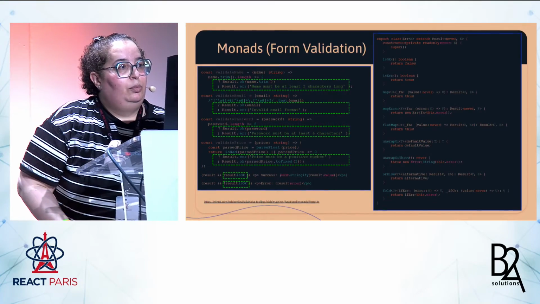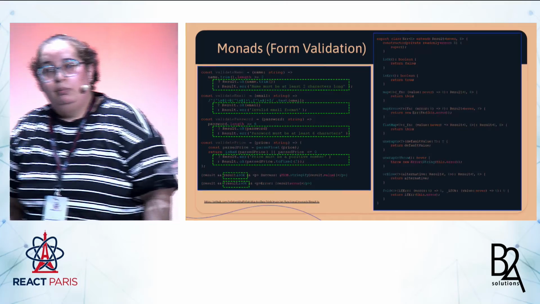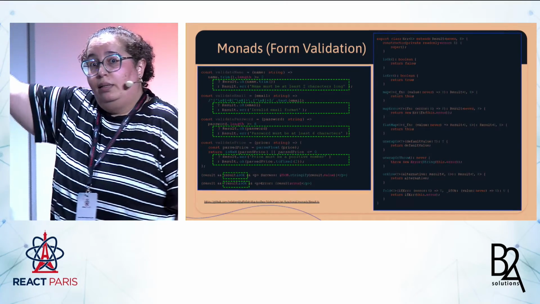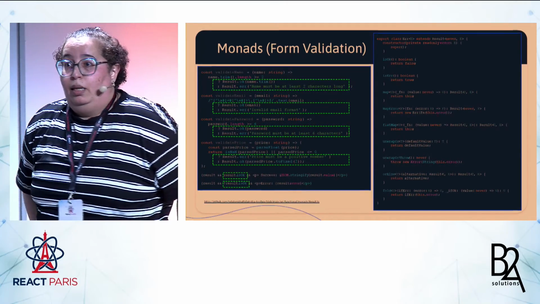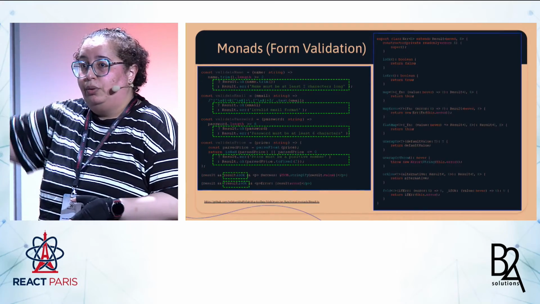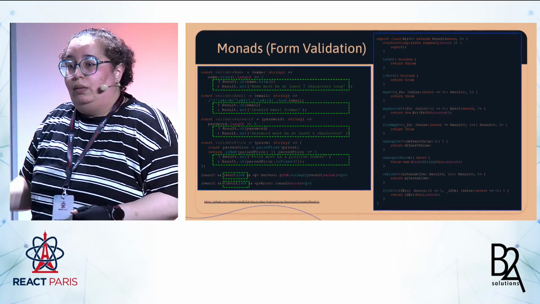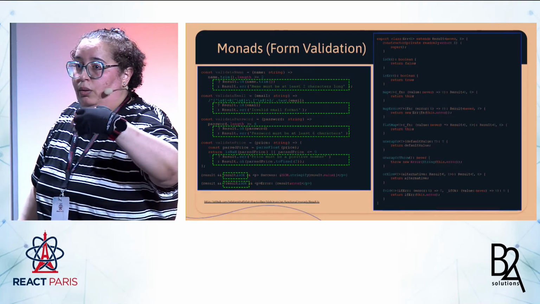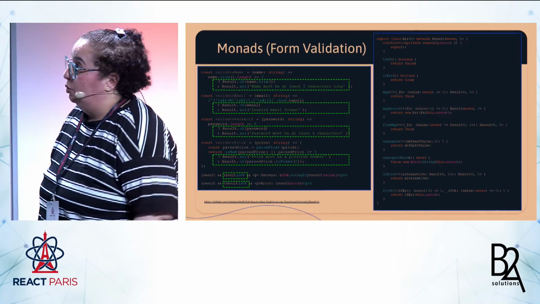I can use monad for form validation, like a result in Rust, for example. I can use monad to have a way to handle the good, the OK, and a way to handle the error.